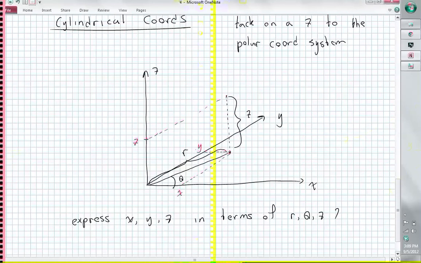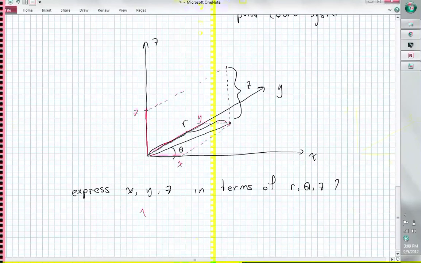Well, that X distance is just this distance right here. The Y distance is just this distance, and the Z distance is here. If you use a little bit of trigonometry, you should be able to figure this out, right? So let's use a little bit of trig and talk about what X is equal to in terms of R and theta. R cosine theta, right?